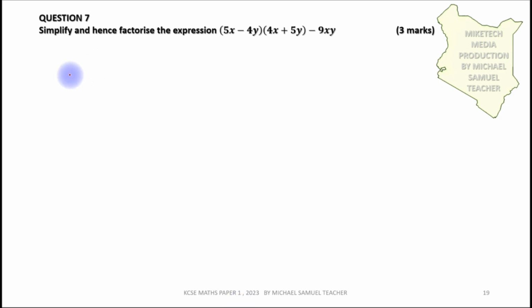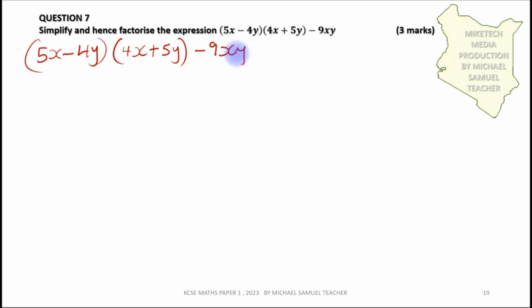So let me just rewrite the expression: (5x minus 4y) multiplied by (4x plus 5y) minus 9xy. So we need to expand by opening the brackets.